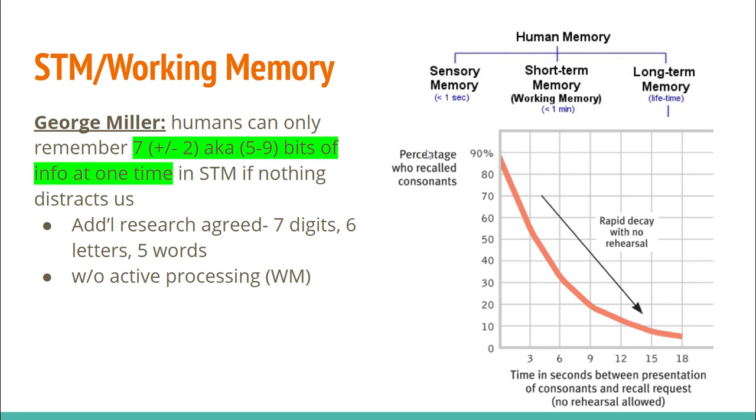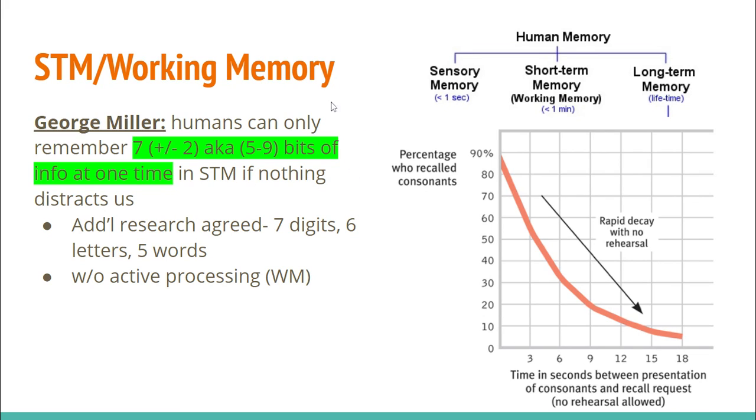If I were to read off a 10-digit code to you all, there's a good chance you're only going to remember between 5 and 9 of those on average. We'll do a little practice with that in class just to see. And this is important to note as well: that's only if nothing distracts us.